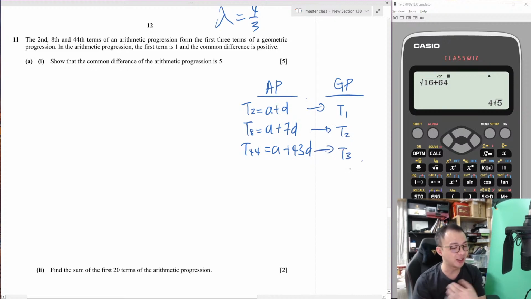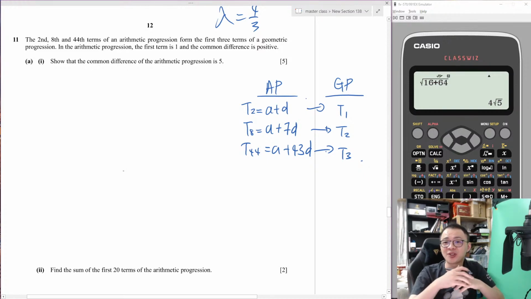The first term is 1, and the common ratio is positive. Show that the common difference of the arithmetic progression is 5. They give 5 marks for this one.